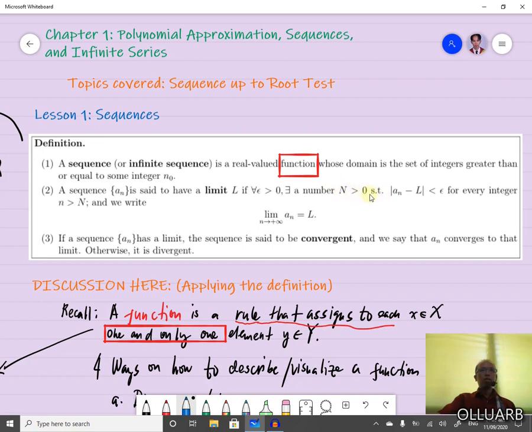Such that the distance between the function and its limit is less than epsilon for every integer n, small n, greater than this real number here. And we write the notation as: limit of an as n approaches infinity is equal to L.